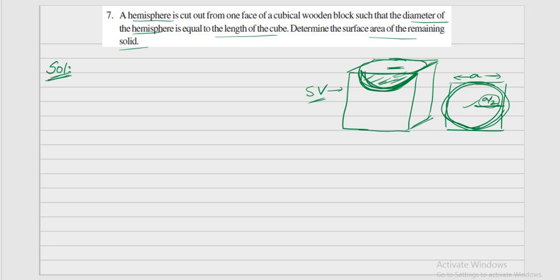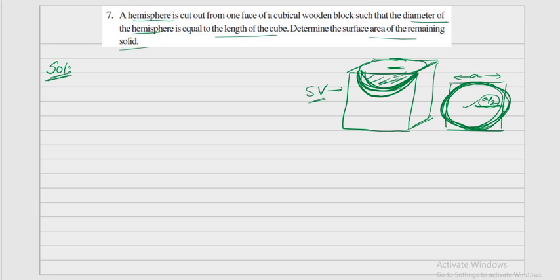Since this is a solid, when you remove a surface, its place will be replaced with a new surface. So when you are removing a circular surface, in that place we are going to get a hemispherical surface. Understood? This is the main thing that we need to understand.